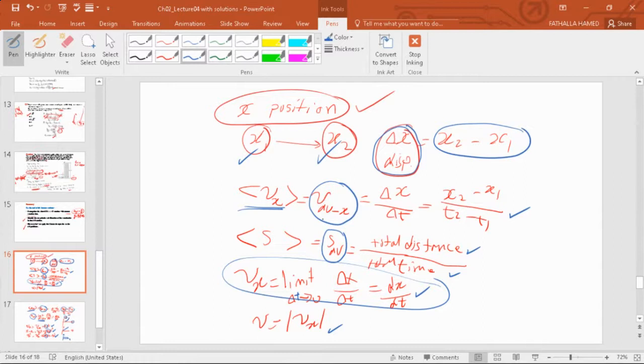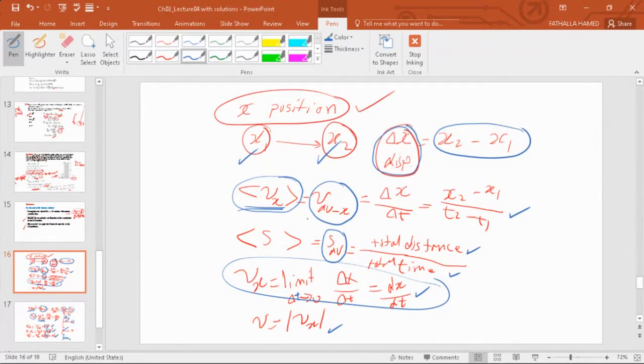So we said that Vf along the x direction equals delta x over delta t, which is x2 minus x1 over t2 minus t1. Now, sometimes we can write this with brackets around Vx, which means the average velocity along the x direction. That's another way of writing this.